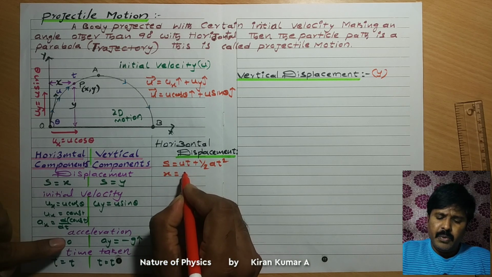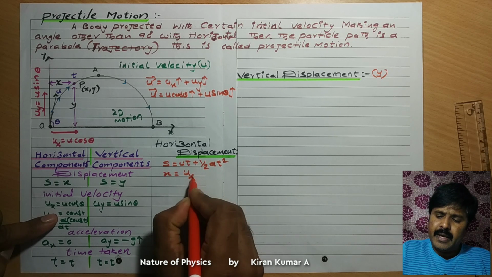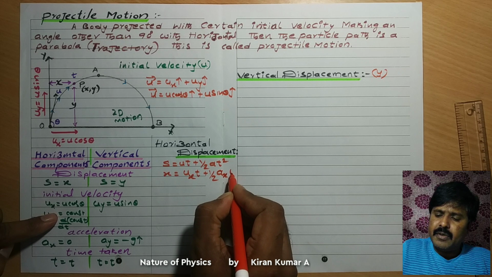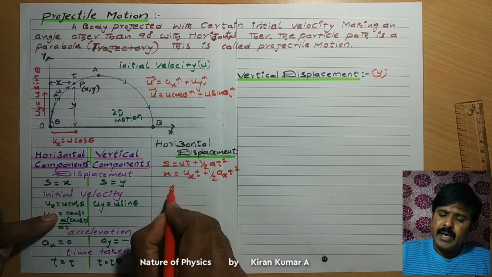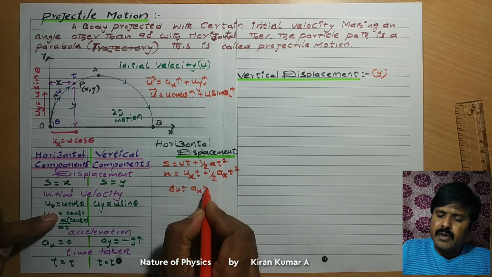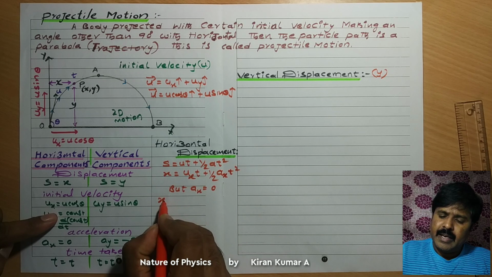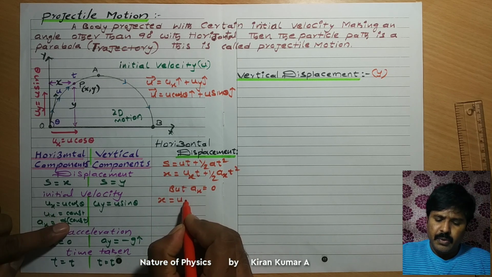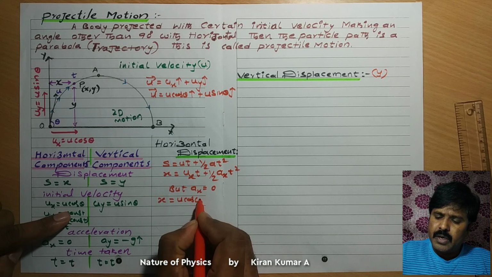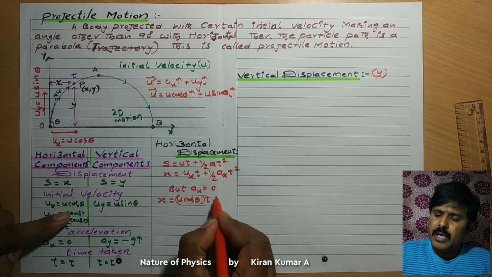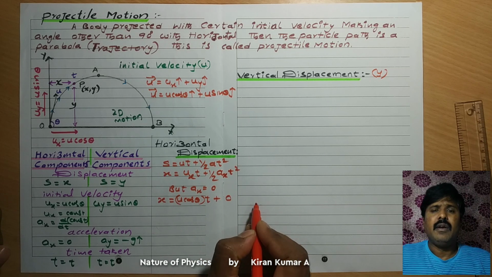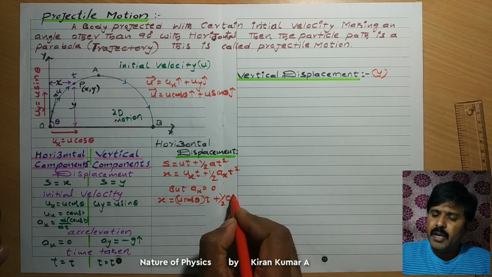Next, u is equal to how much? Ux into t plus half into ax into t square, but ax is equal to 0, so x is equal to ux, which is u cos theta, into t plus 0. Ax is equal to 0, and 0 into anything is 0, otherwise you can write 1 by 2 into 0 into t square.